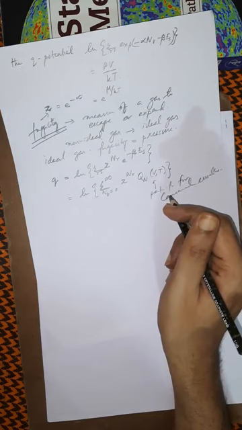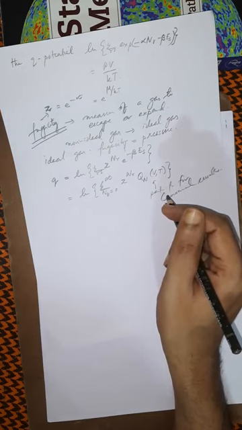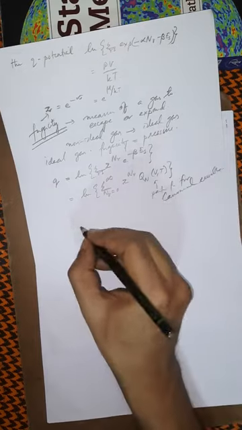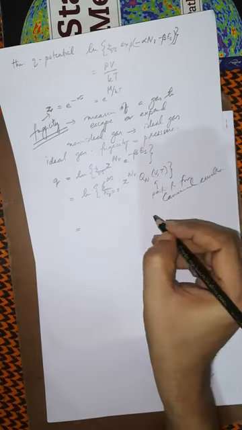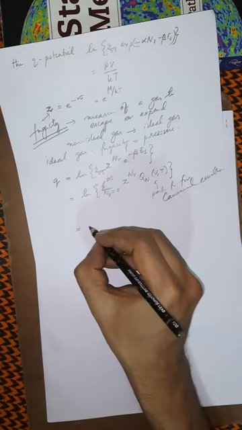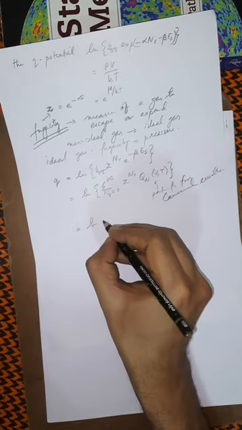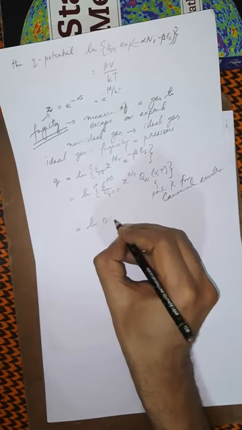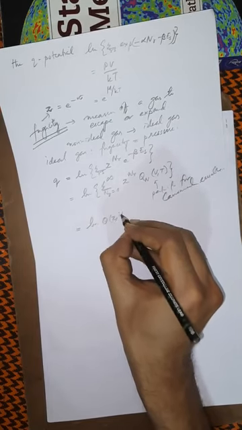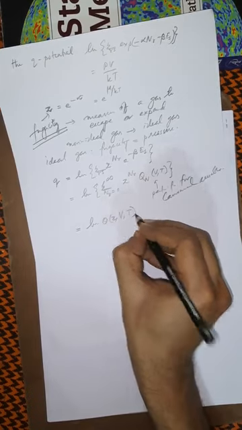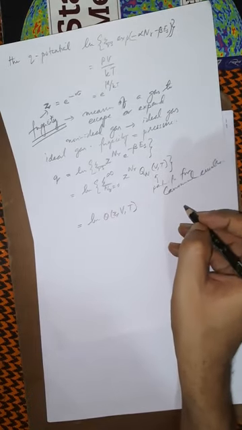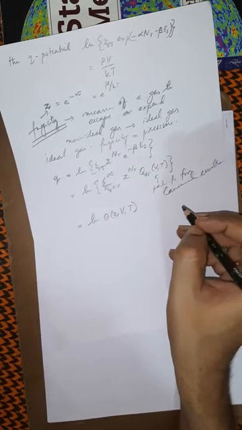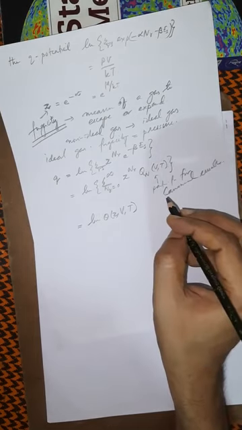So I can write this as a new kind of partition function, which is ln theta z v t.